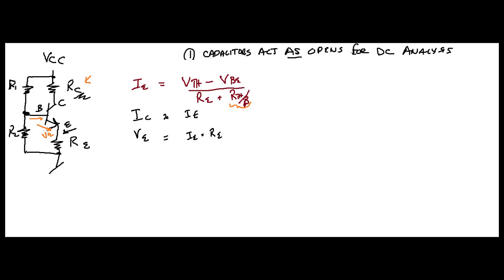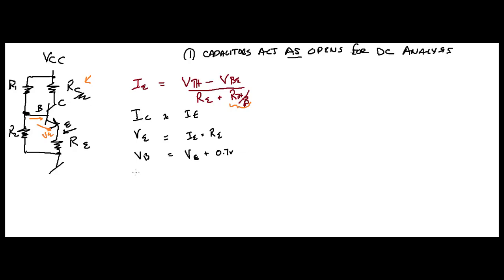Here's your RE. If you know what your emitter current is, you can calculate what your voltage is there, right? Very useful. Now, if you want to figure out your base voltage, you would simply take VB is going to equal your emitter voltage, VE, plus 0.7 volts. Remember, your Thevenin voltage is without any load on it. So when you apply a load, your voltage that you're looking for may change. That's why you have to add the 0.7 here, right?